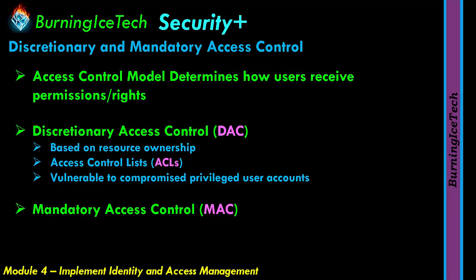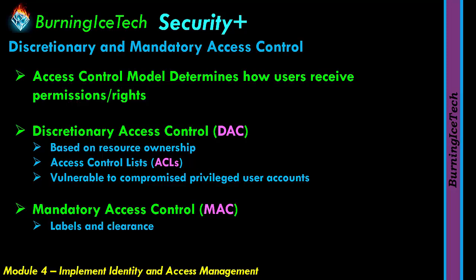Now, mandatory access control is based on security clearance levels. Rather than defining access control lists on resources, each object is given a classification level and each subject is granted a clearance level. In a confidentiality-oriented multi-level system, subjects are permitted to read objects classified at their own clearance level or below, obviously not above.